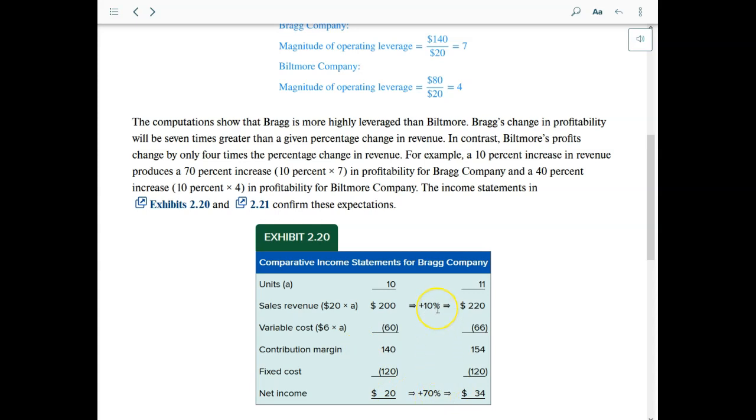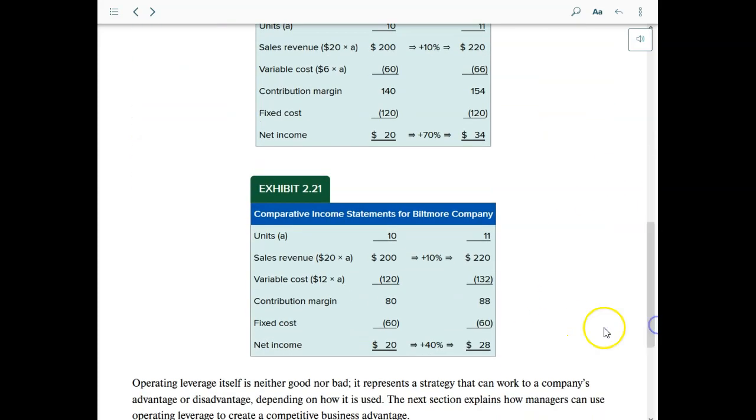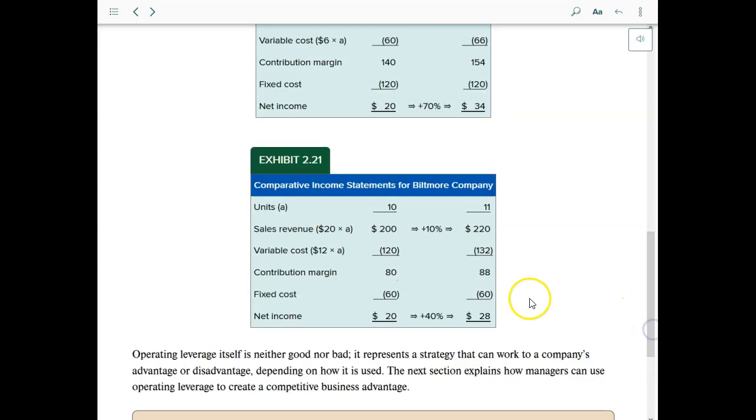So a 10% increase in revenue will equate to a 70% increase in net income. Now for Biltmore, it's not as highly leveraged. When you look through the numbers, sales go up 10%, net income goes up only 40%. Again, less risk, but less reward as activity increases.